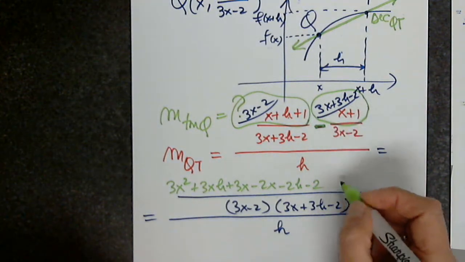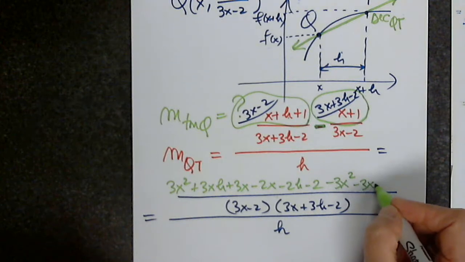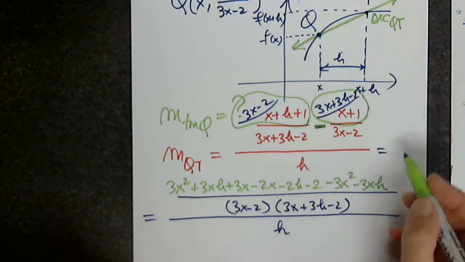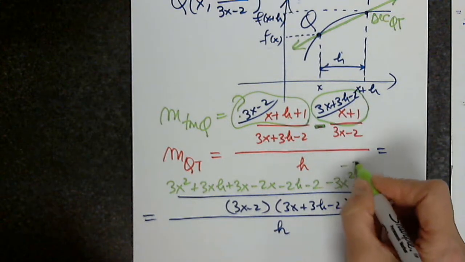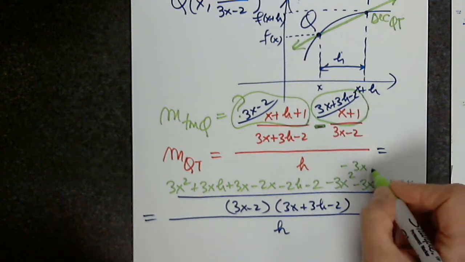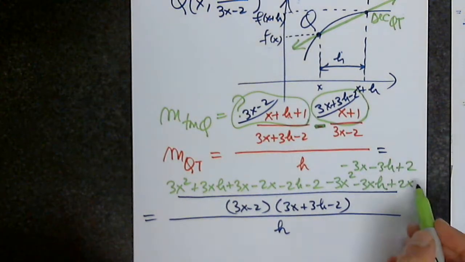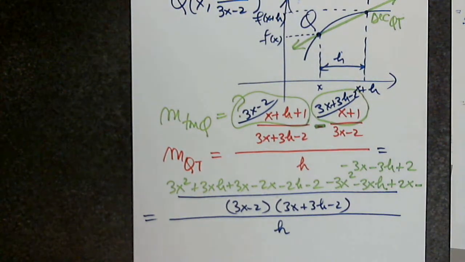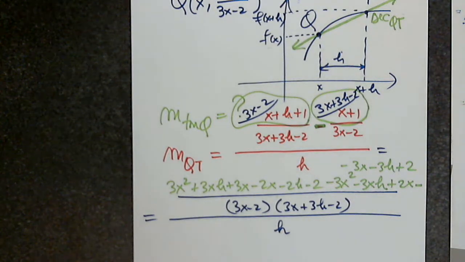So x times 3x with minus in front, x times 3h, x times negative 2, negative 1 times 3x, negative 1 times 3h, and negative 1 times negative 2. Sorry, I ran out of room. What has to happen before we even look at such an expression at the top? What has to happen at the top?